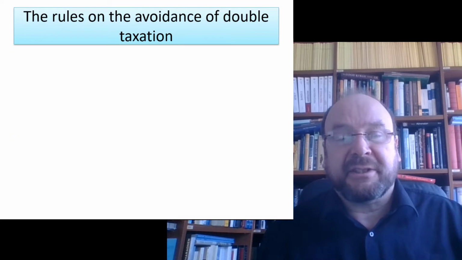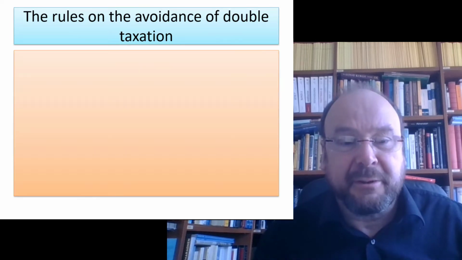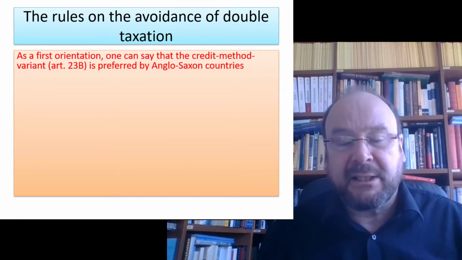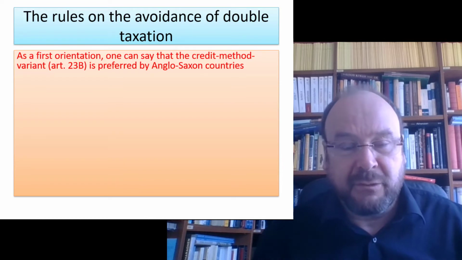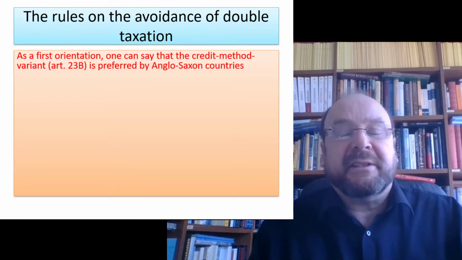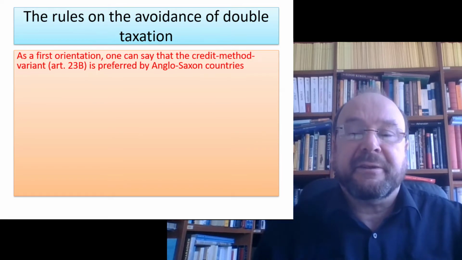And the question is naturally now, what can we expect between which countries? So the first orientation, which you can rely on pretty well, is that Anglo-Saxon countries prefer the credit method, so the B variant.